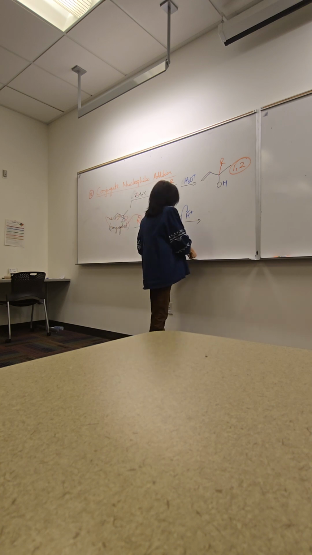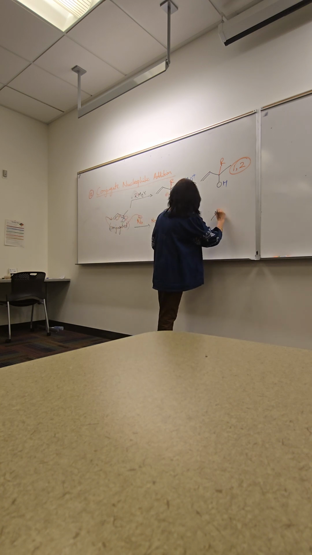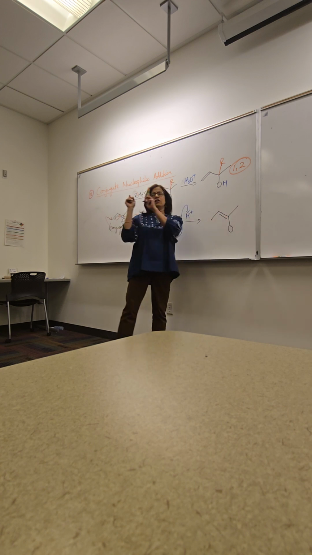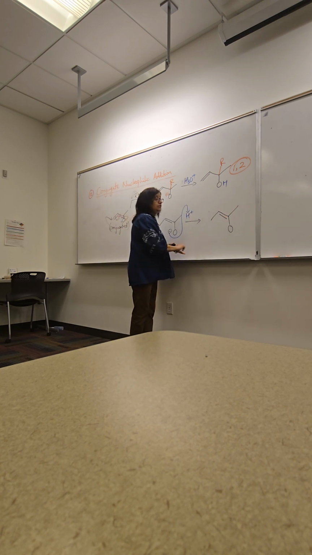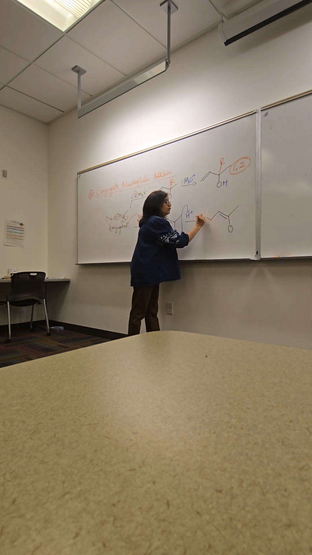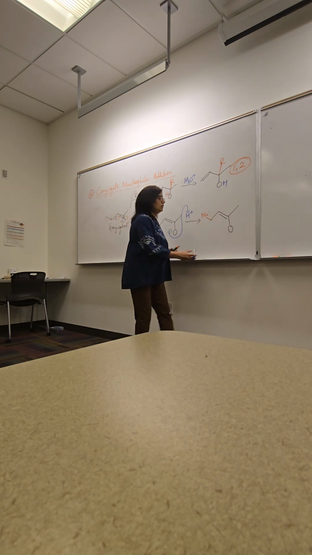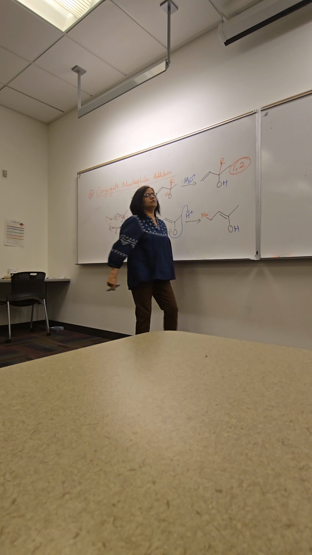Again, I'm doing all this coloring because I want you to notice where everything went. Where is the nucleophile? On the end, the fourth position, right? Where is the proton? On the oxygen, the 1 position.